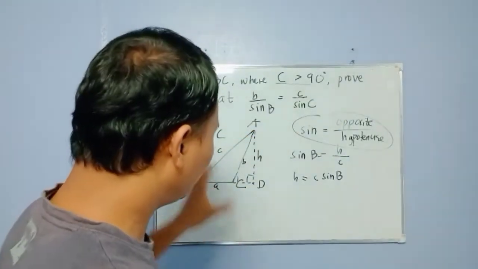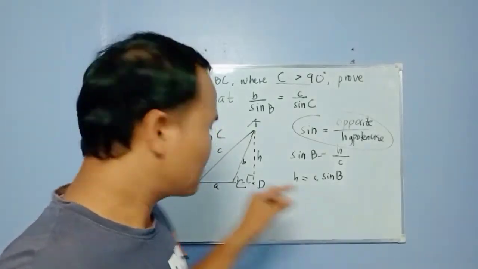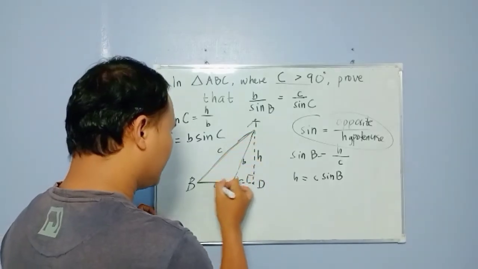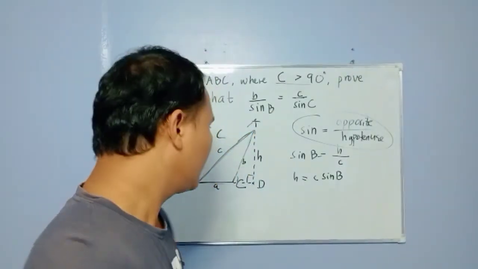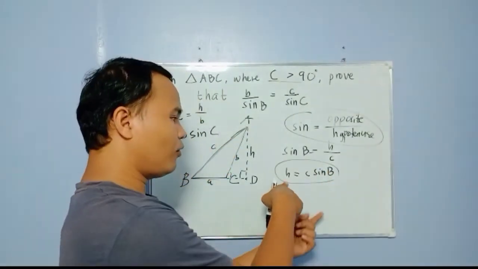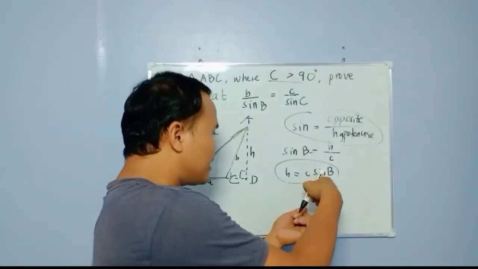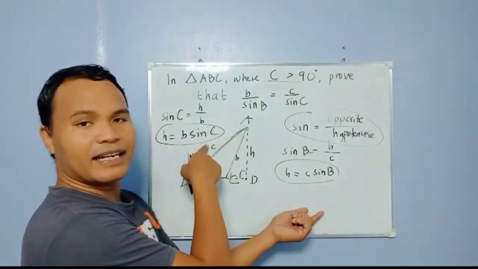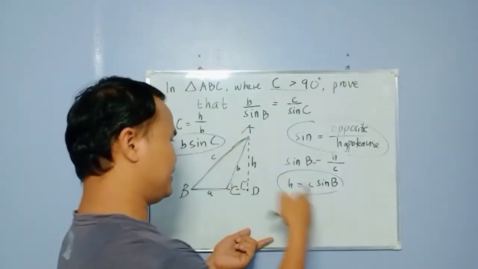As you observe, we are referring to the same triangle, the same height. The height that we solved for, which is equal to c times sine B, is equal to the height that we solved for using sine C. This means these two are equal.